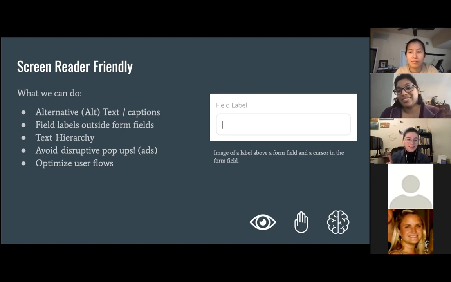Oh, I want to add to that real quick. That applies not just to screen readers, like the pop-up being disruptive. It can also impact people with ADHD or anxiety or even OCD, or anything where it would be disruptive and impact their train of thought or their focus or their flow.